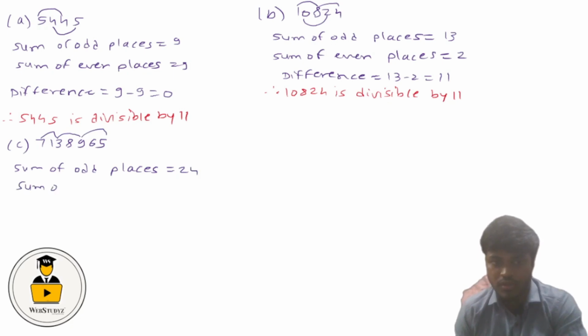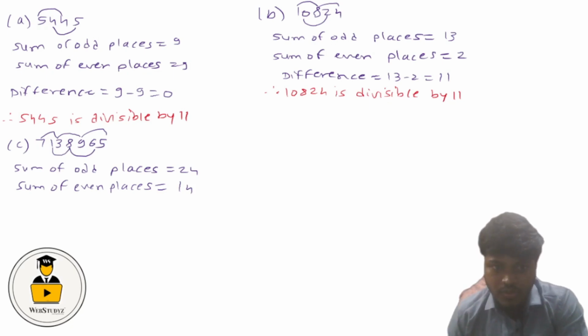And the sum of even places will be 1 plus 8, which is 9, 9 plus 6, which is 15.